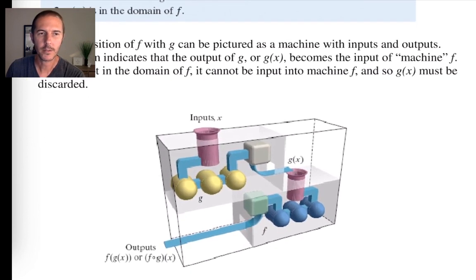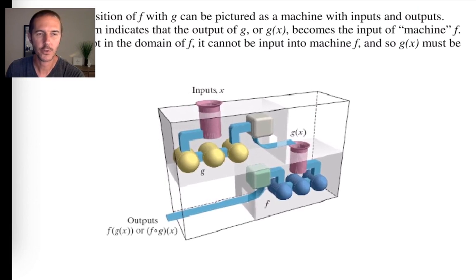You've maybe seen some illustrations of what a function looks like. You see that we have an input value going into our function g, and then we have the output that is g of x.